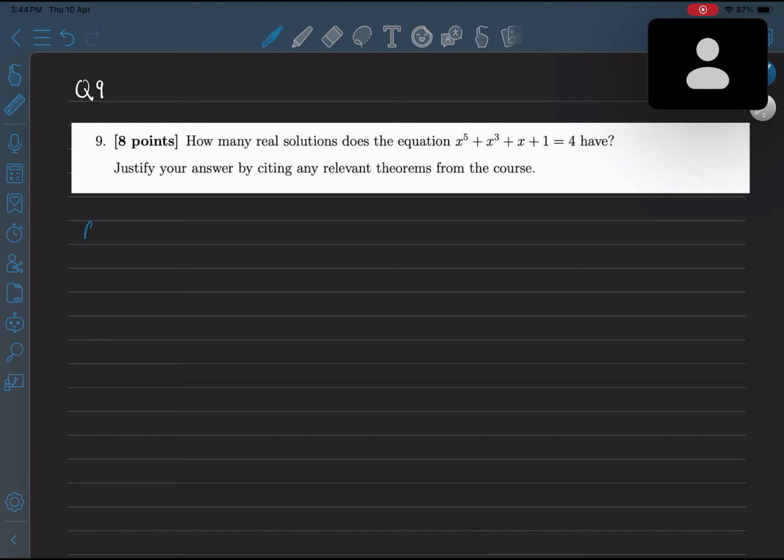So let's consider a polynomial f of x, and let's say the polynomial is x to the 5 plus x cubed plus x minus 3. And we have to find all x such that f of x is equal to 0.